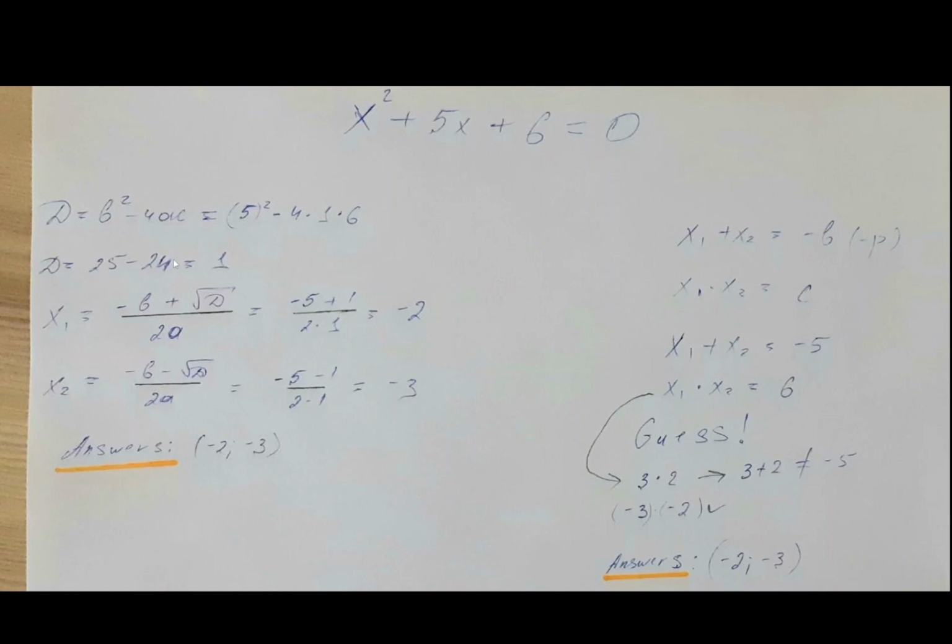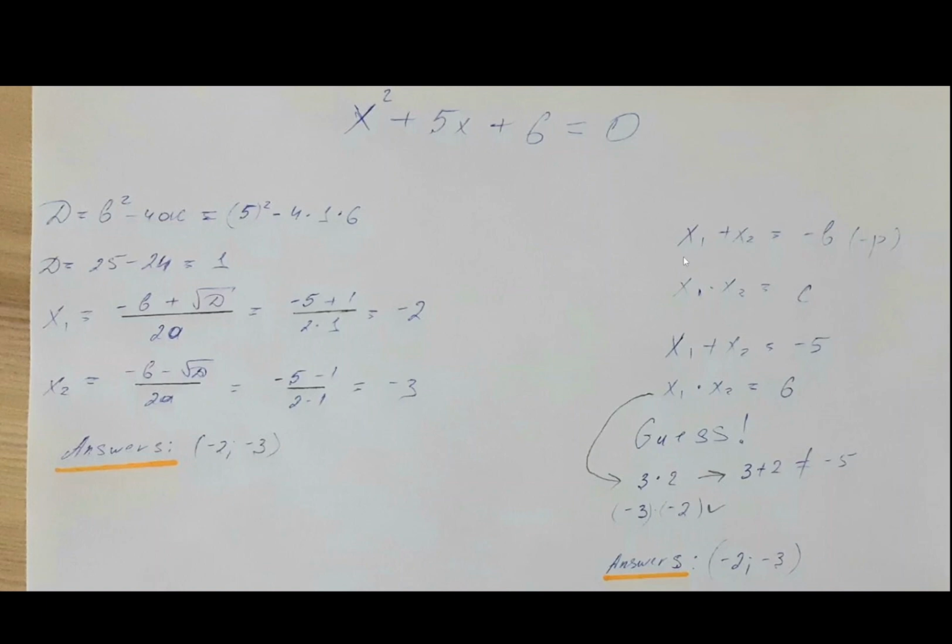So we have 25 minus 24 equals 1. x1 is minus b plus the square root of D divided by 2a, which equals minus 2. And then x2 is exactly the same, but instead of plus we have minus, so it equals minus 3. So we have the answers minus 2 and minus 3.